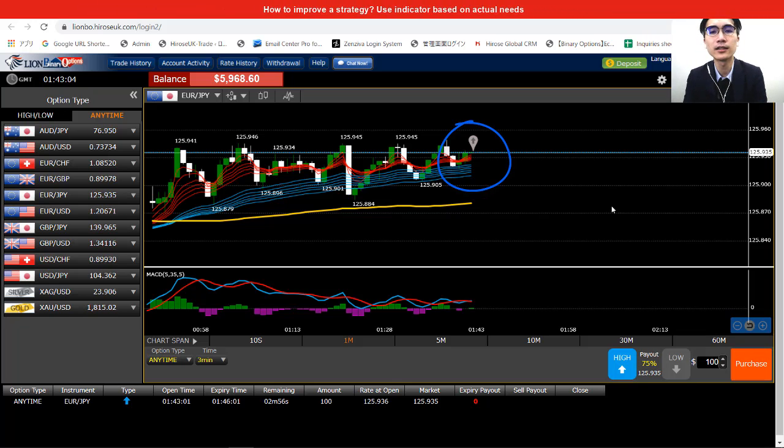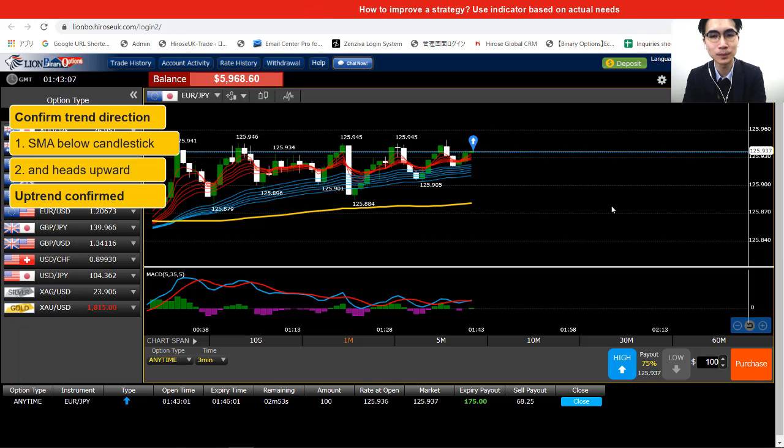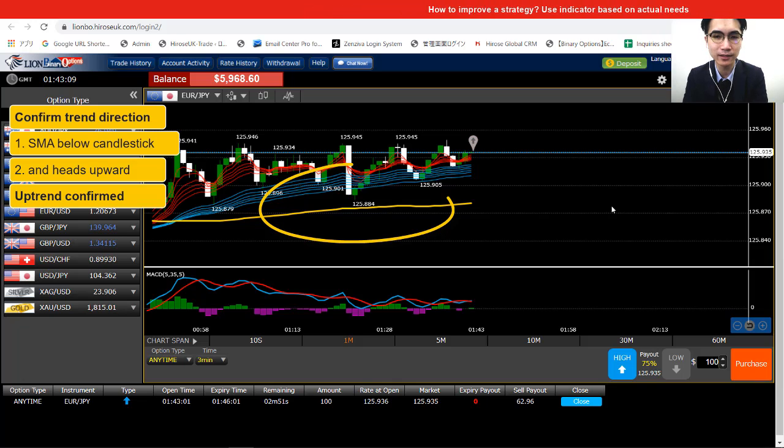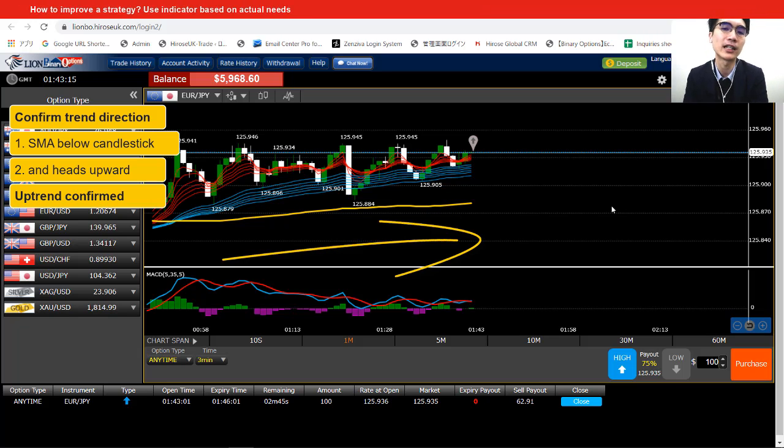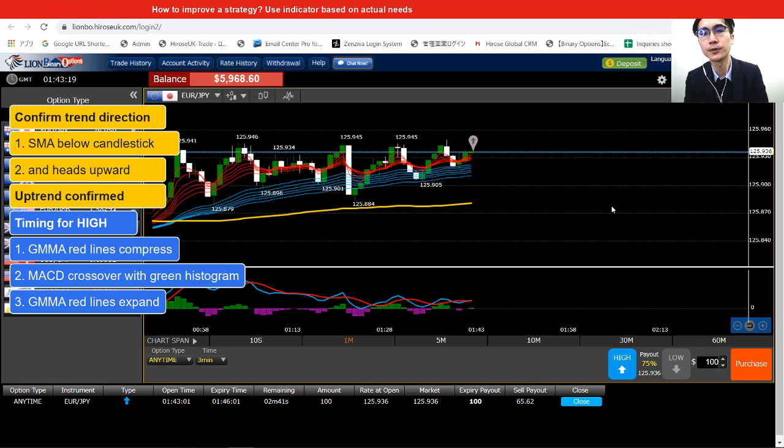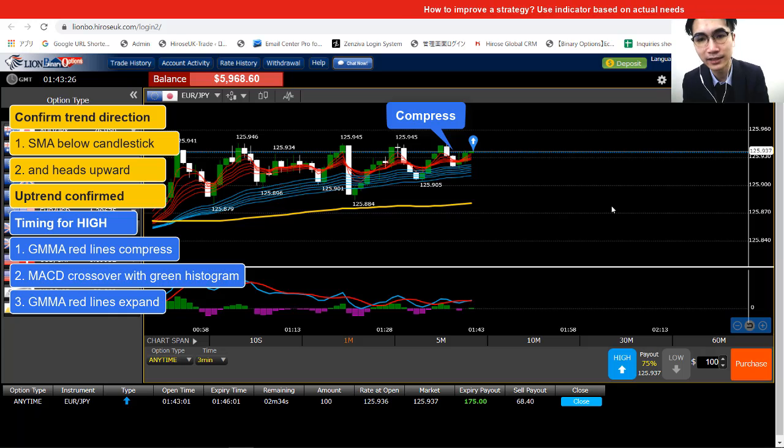Again, the simple moving average is below the candlestick and it's heading upward, so that is an uptrend. Nothing changed from the previous trade. I identified that the market is in the uptrend. After that, I move on to the GMMA. You see at this point here, the GMMA starts to compress, and then I move on to the MACD, and it crossover.